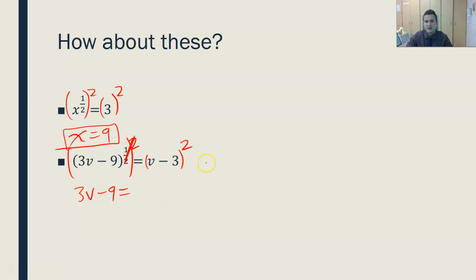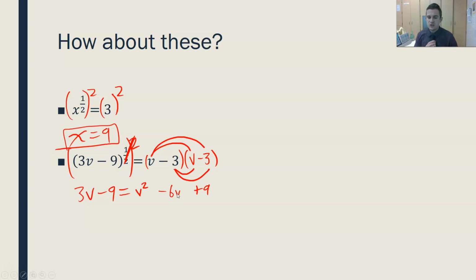I have to take v minus 3 squared, which is the same as v minus 3 times v minus 3. So v minus 3 times v minus 3, I'm kind of reflecting back to what I know about multiplying polynomials. I can go ahead and use my little rainbow to distribute everything in the first parentheses into the second parentheses, which gives me v squared minus 3v minus 3v plus 9. Negative 3v and negative 3v give me negative 6v.